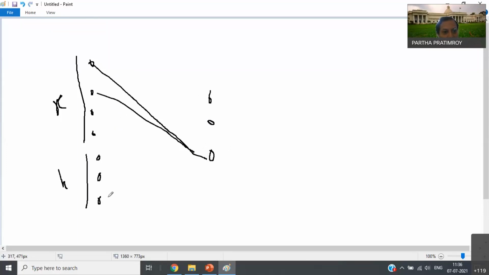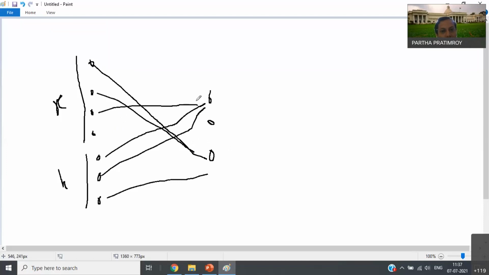All these connections will be there, right? And then you use all this. You have actually 7 into 3.